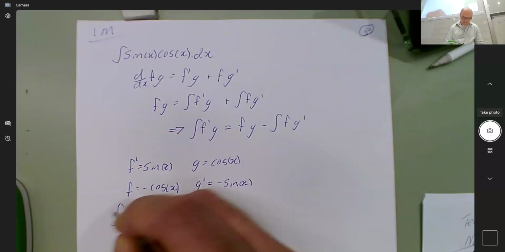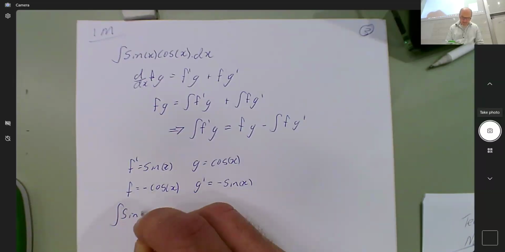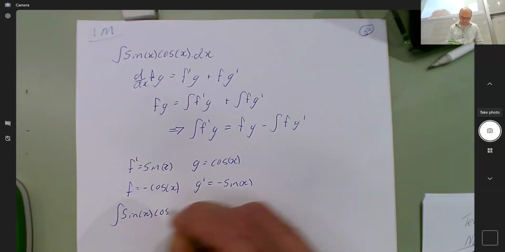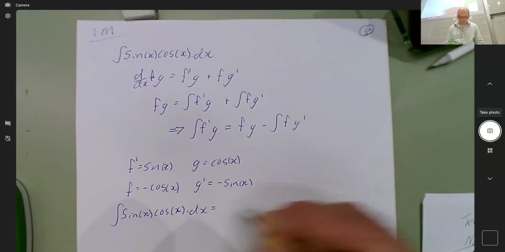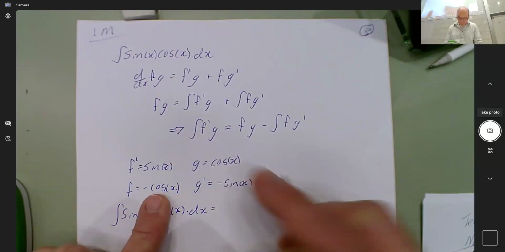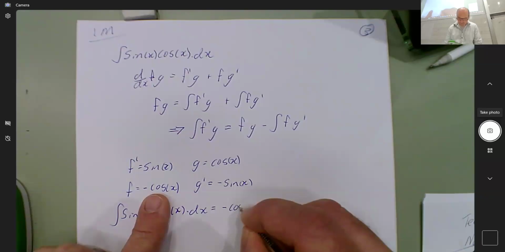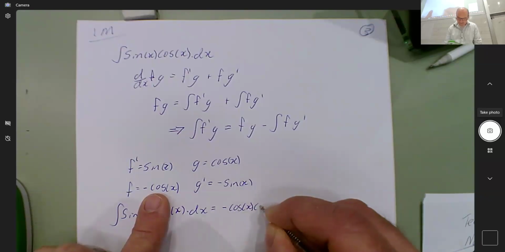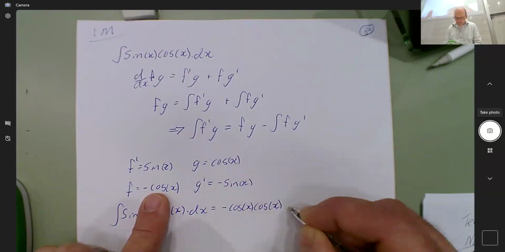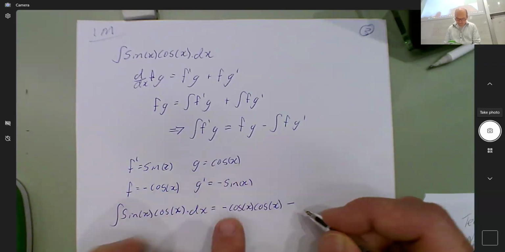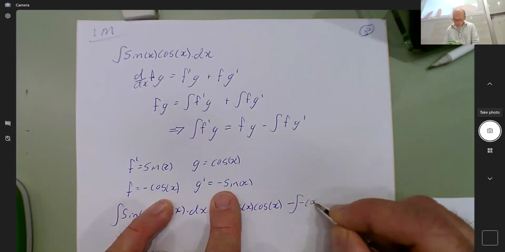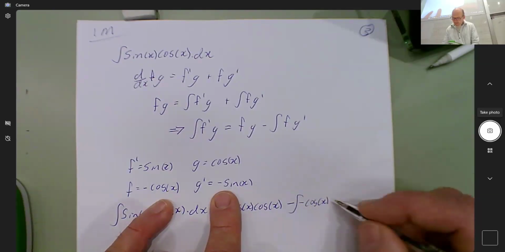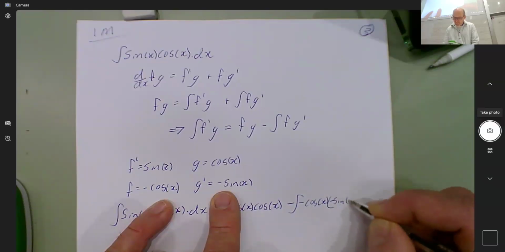Differentiate g, that's minus sine. So we're going to say my integral of sine of x cos of x with respect to x is equal to f times g, minus cos of x, minus the integral of f g dash, which is minus cos of x times minus sine of x.